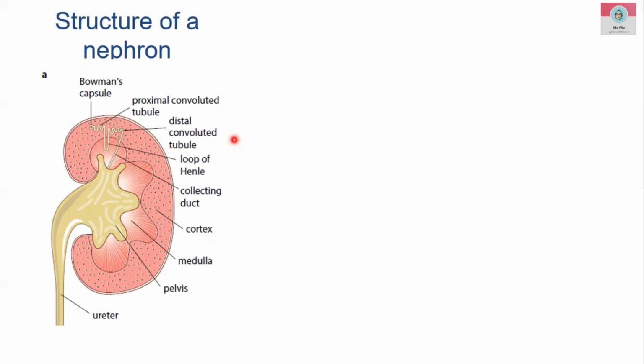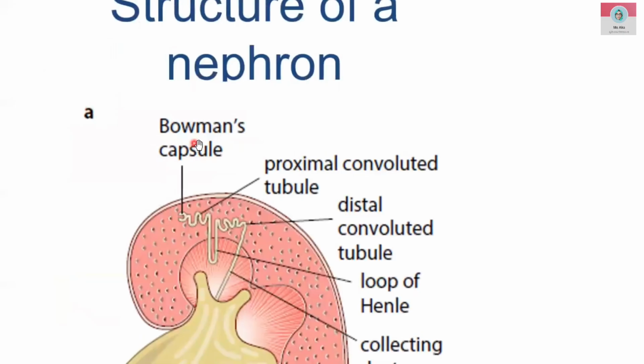Essentially, what you see is the Bowman's capsule, which is characterized by this U-shaped structure here. You will have the glomerulus right next to the Bowman's capsule, because we will see ultrafiltration occurring and the filtrate entering the Bowman's capsule later on when we look at the structures and functions of the kidney.